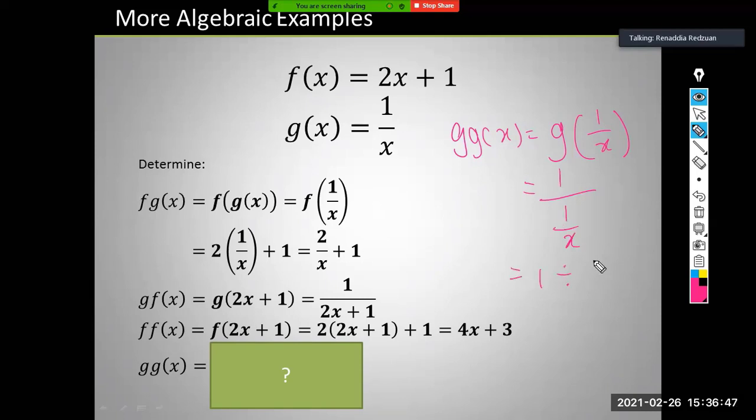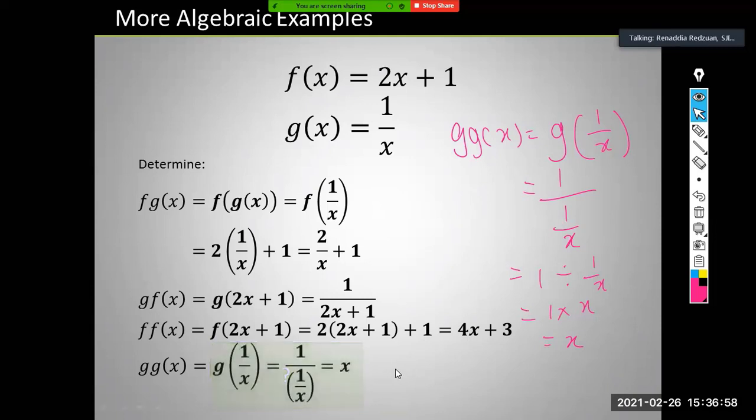So 1 divide 1 over x. So it's 1 over 1 divide x. Can't write like that. The answer is x. How do you get x, teacher? Okay, like this. Isn't it 1? Okay. Gx, right? Okay. Function g is 1 over x.